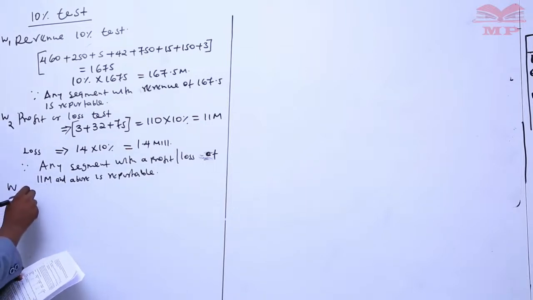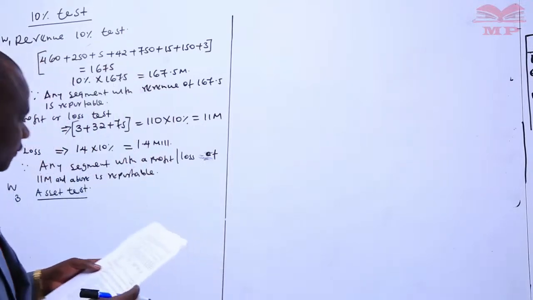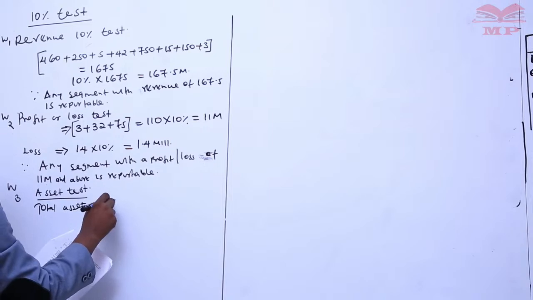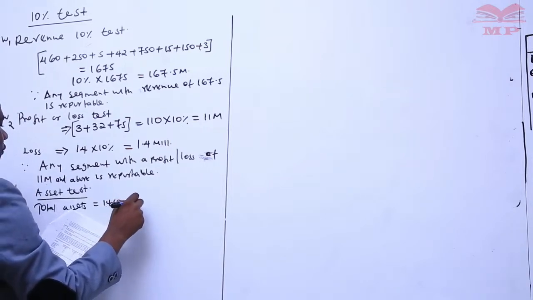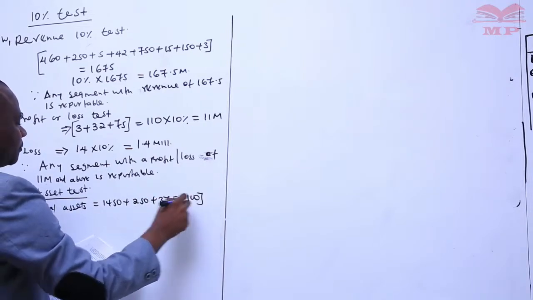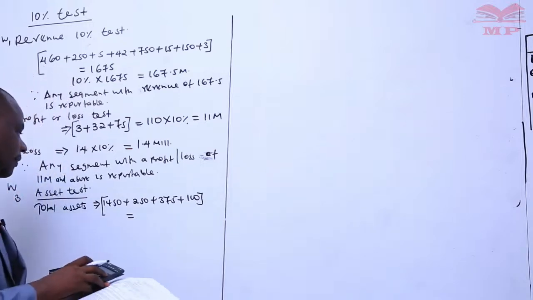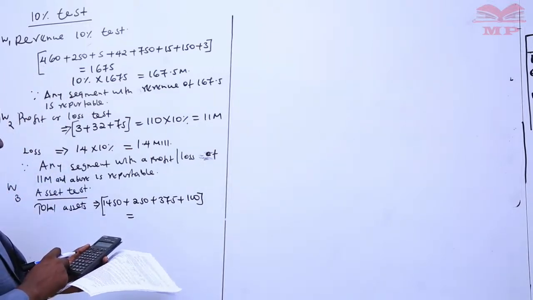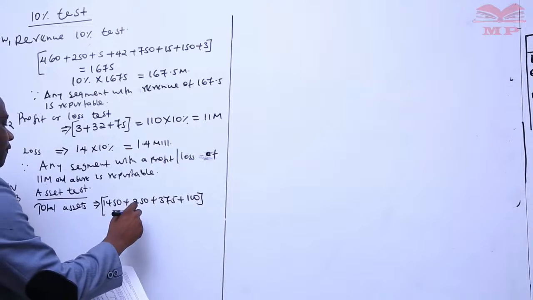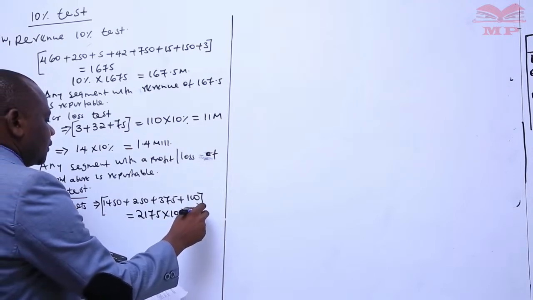Working 3, asset test. Asset test, we have total assets is 1450 plus 250 plus 375 plus 100, giving us, let's add, is 1700 plus 375, 2175 times 10%, 217.5.